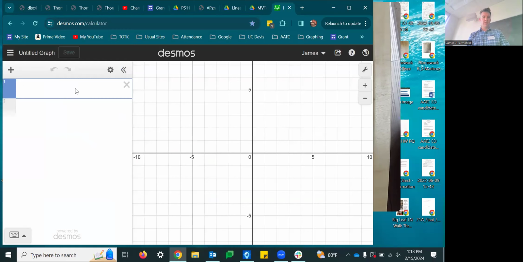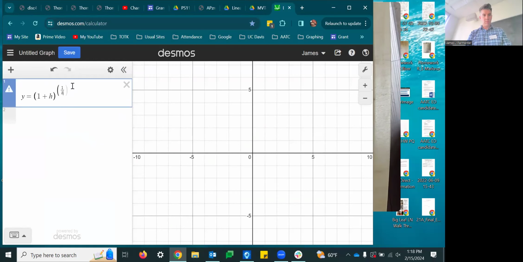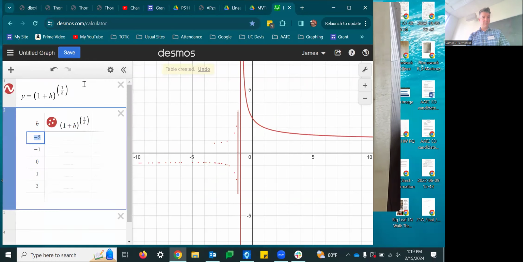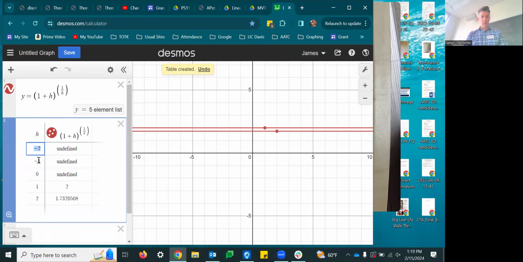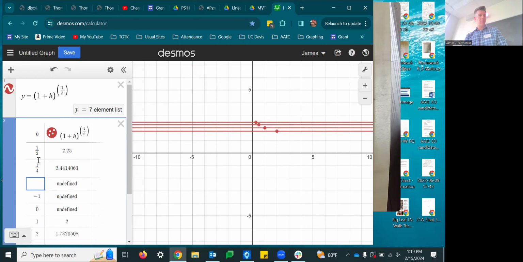Can I use h's here? Probably. So if we do y equal to 1 plus h to the 1/h power, and we start plotting some values, if h is 1/2, 2.25, and if h is 1/4, 2.44.